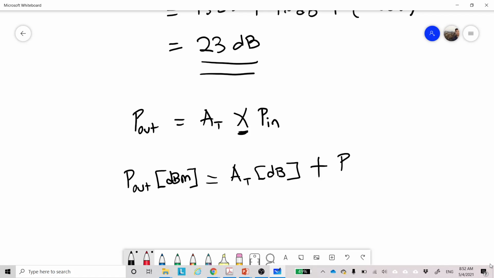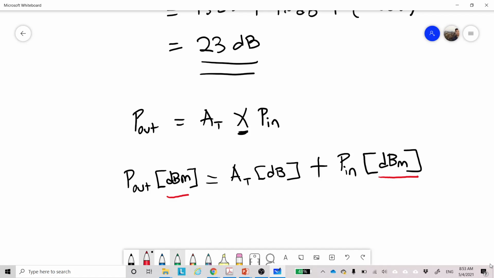And this is P in. Remember, P in must be in terms of dBm. If here is dBm, over here must be dBm.